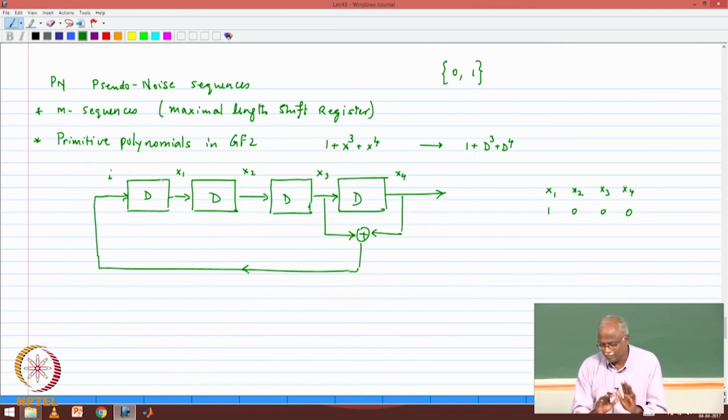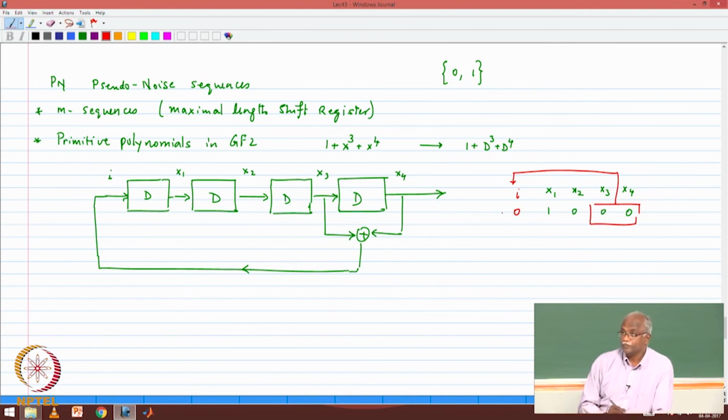You can start with any state except the all-zero state. The operation says I do the exclusive OR of x3 and x4, and that goes back as my input I, and that is 0.